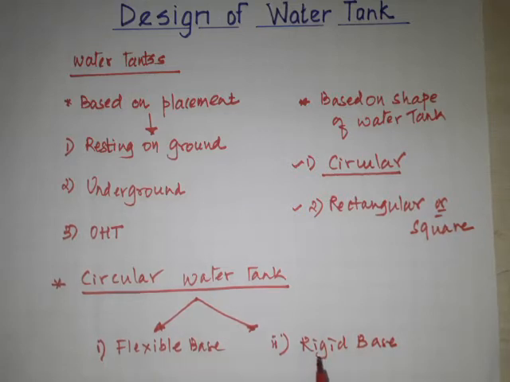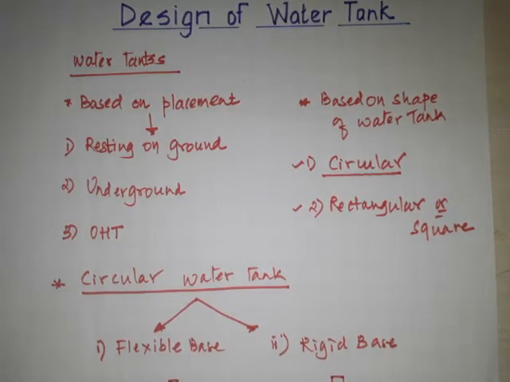For example, we have the wall of the tank, which is connected with a flexible or hinged base connection, that is, we can say a flexible connection, or a sliding base. And we have one more, the rigid base.